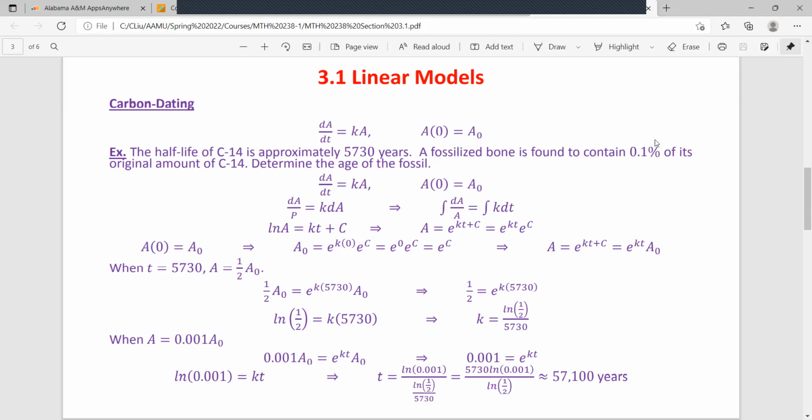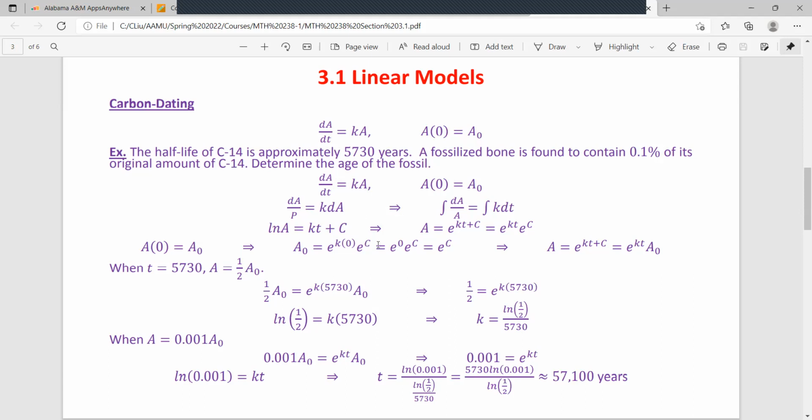So it must be a much longer time than 5,000 years. At 5,000 years, it becomes 50%. So 0.1% means it has decayed many, many years, right? But the way to do it is always the same.